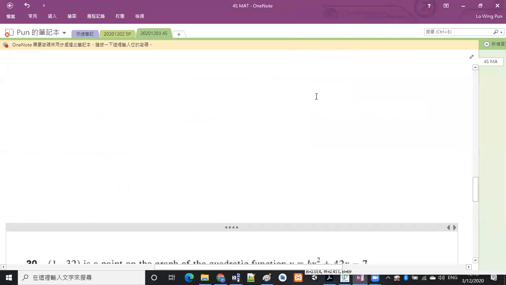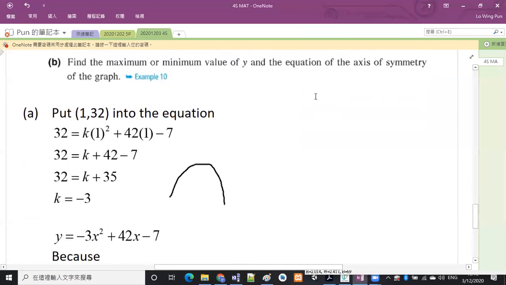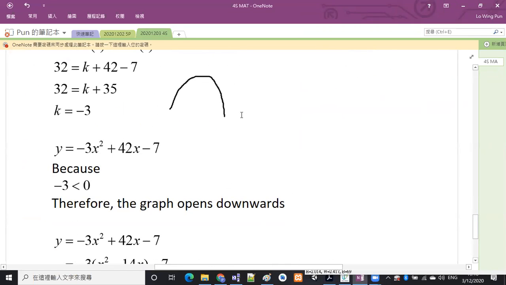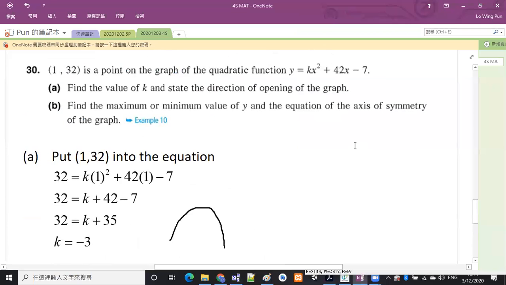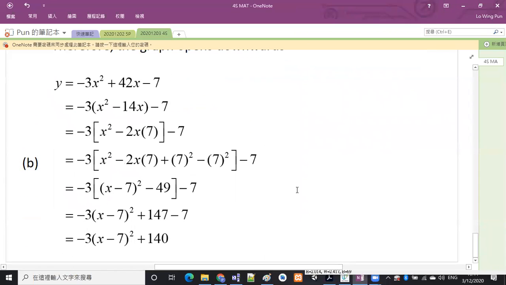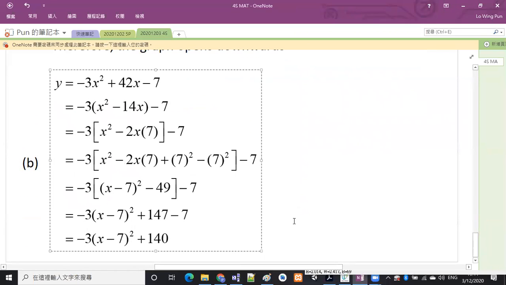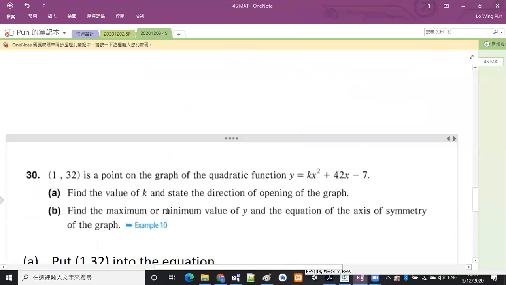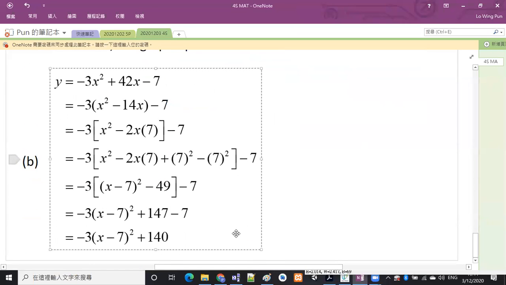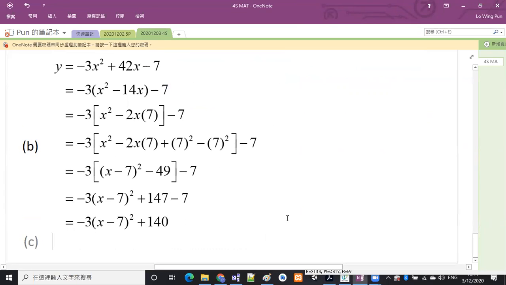The question asks you to find the maximum or minimum value. Because the graph opens downwards, there is only a maximum point, and the maximum value of y will be like this.